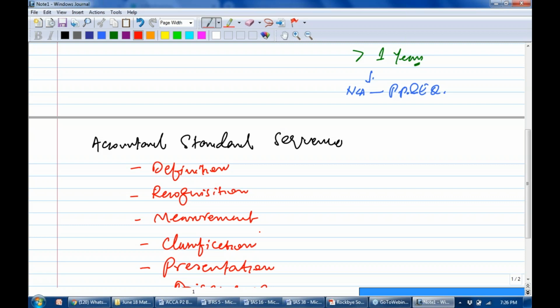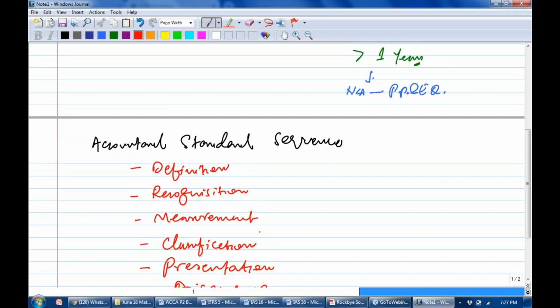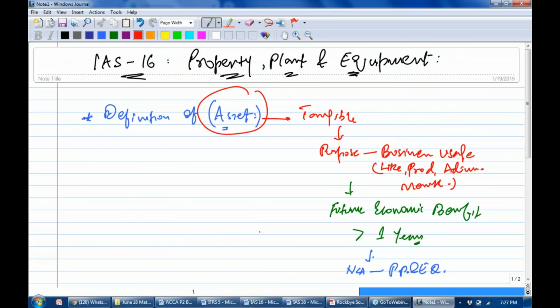Then we will recognize that asset with the recognition criteria of IAS 16. The asset's measurement, initial and subsequent, is according to IAS 16, as are classification, presentation and disclosure. We will always follow this sequence. That's important.